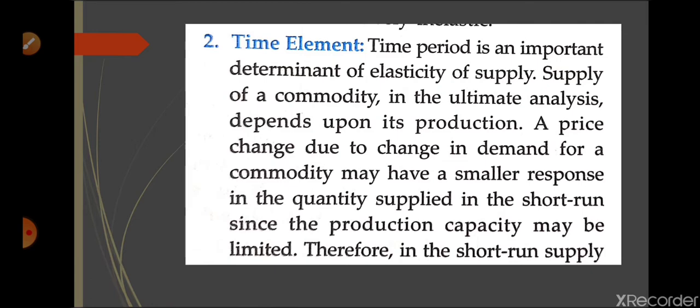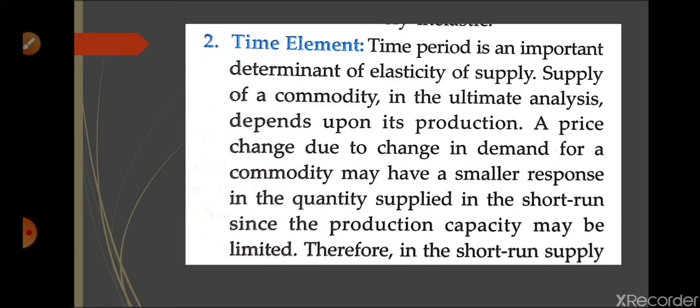If the time period is very short, or the market period, in that time supply will be inelastic. It is not possible to increase the supply because of stock. Only the stock can be cleared by the producer. Additional production is not possible in the market period. Second, in the short run, the producer can increase production a little by increasing the working hours of the workers or having an additional shift.